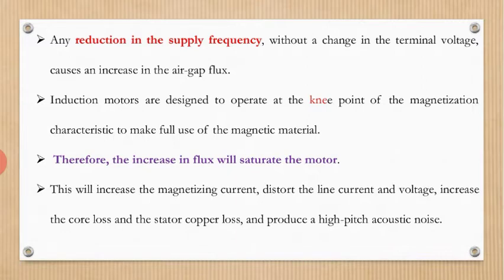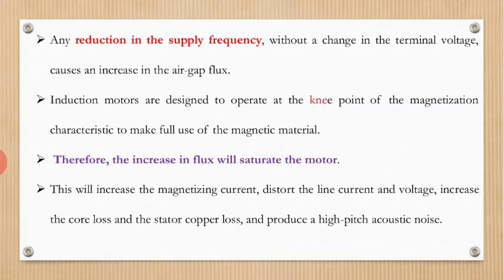So I conclude, if we reduce the frequency keeping the terminal voltage constant, meaning we are not varying the terminal voltage but decreasing the frequency, the air gap flux also increases. We can't go beyond the air gap flux, because the machine is already designed for the knee point of magnetization.